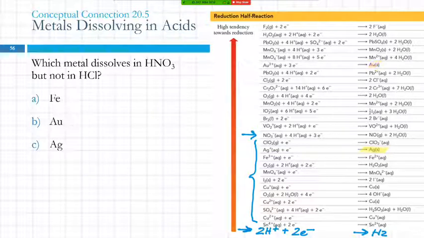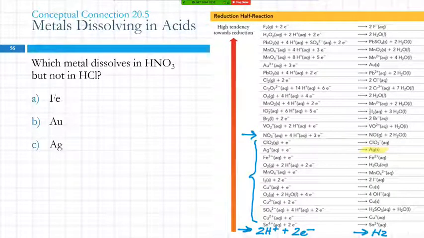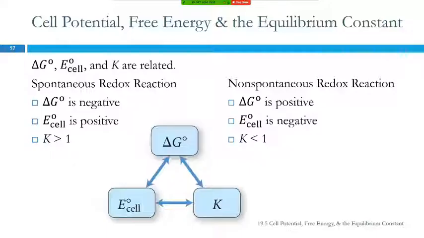Gold is way up here. And so gold doesn't dissolve in either acid. Oh, I forgot to do the answer on that one. So it was silver. And that's the end of that section, thank goodness.